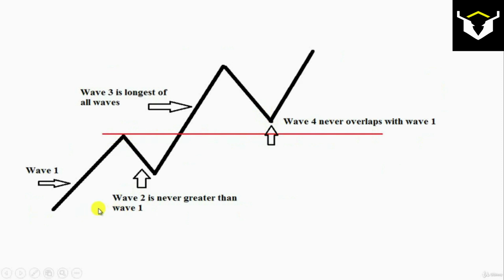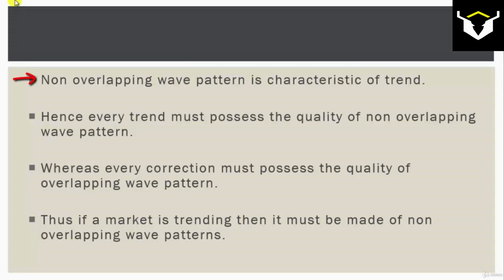First one, wave 2 is never greater than wave 1. Second one, wave 3 is the longest of the 5 trending waves. And third one, wave 4 never overlaps, intermingles or mixes with wave 1. A non-overlapping wave pattern is the characteristic of a trend.